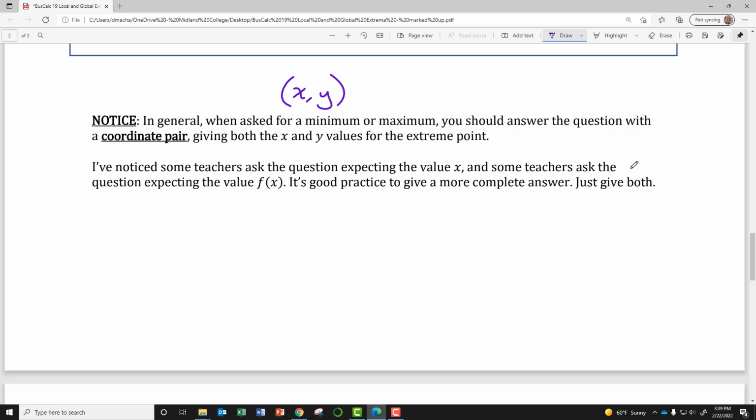I've noticed that some teachers ask the question expecting the x value, and some teachers ask the same question, but they expect the value of the function, or the y value. So it's just good practice to give the more complete answer, give both. Both find where in the domain that maximum or minimum occurs, and find what is the value of the function when you reach that extreme value.